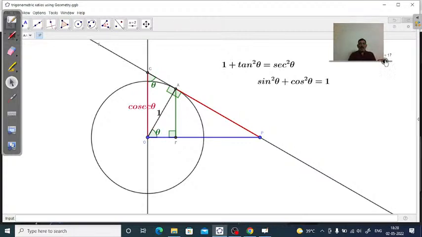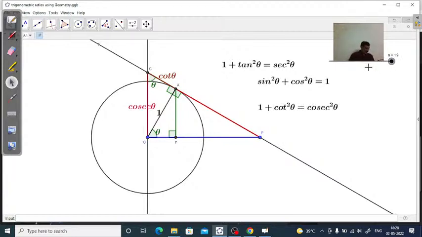Now what happens here? OC is cosecant theta and AC is cot theta. Again you observe, this is a right angle triangle. In this, as this is 90, opposite is hypotenuse, so the hypotenuse is cosecant theta. So that's how you can observe that 1 plus cot square theta is cosec square theta.